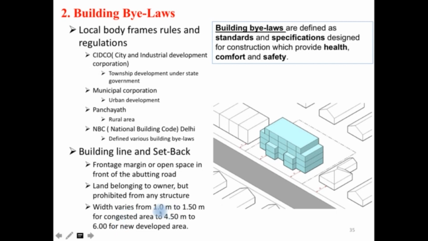So it varies from 1 meter to 1.5 meter, or 4.5 meter to 6 meter, depending on what kind of road and region it is. If it is a national highway or a state highway, the setback varies with the area and the standard building bylaws applicable to that region.